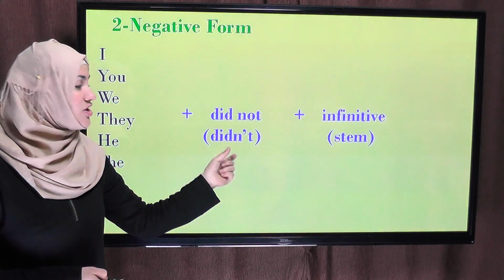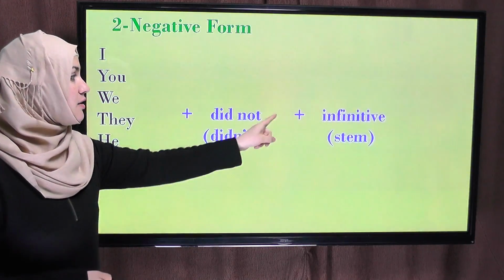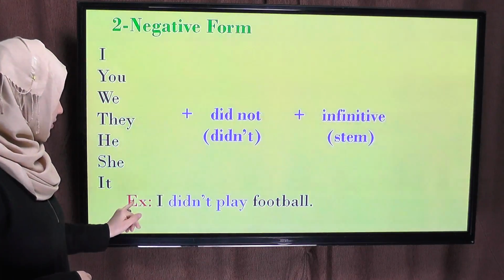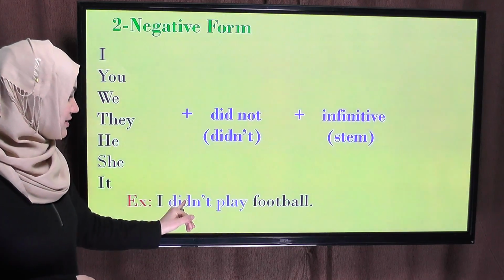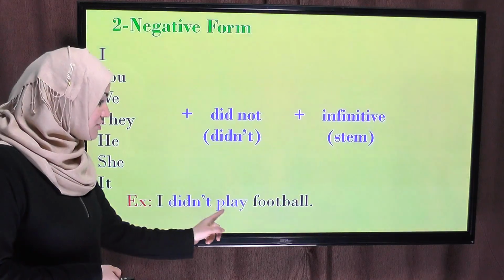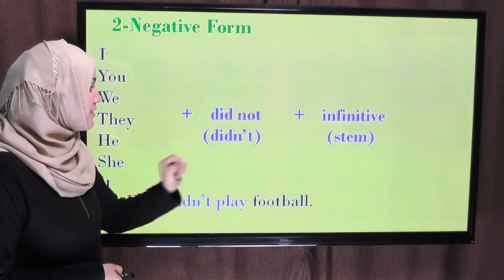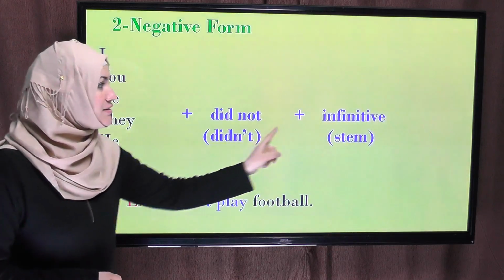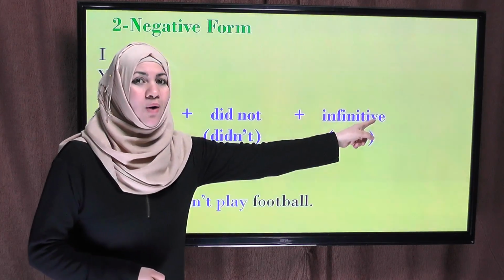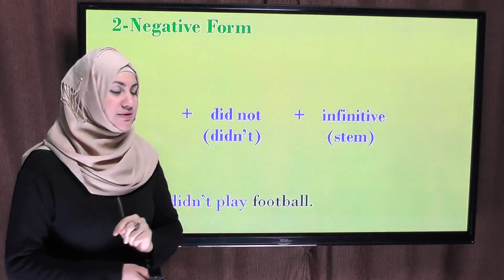This is the short form of the negative did not, plus the infinitive or stem. Example, I didn't play football. We note here that we didn't put ed. Why? Because the form says did not or didn't plus the infinitive stem. We don't put ed because there is did not or didn't.